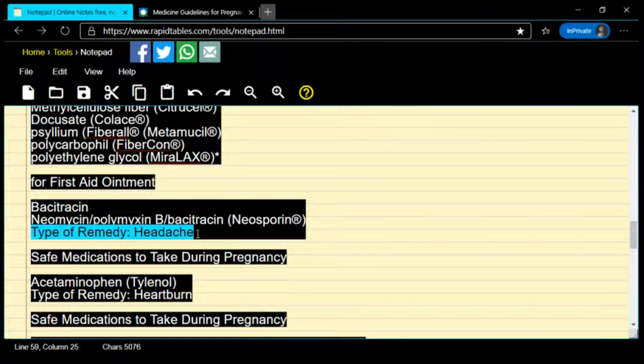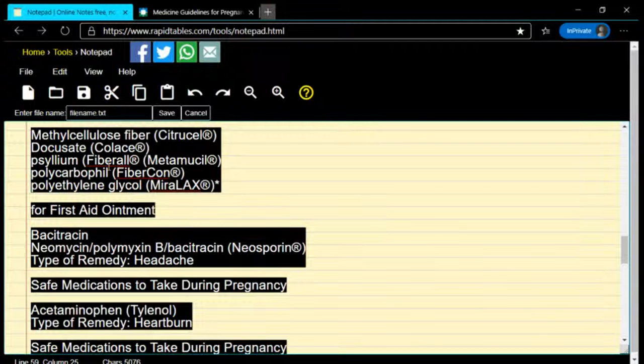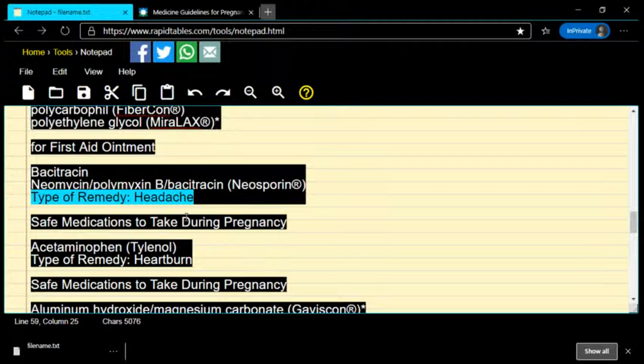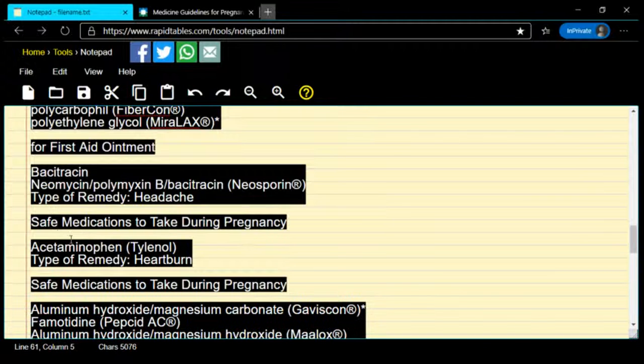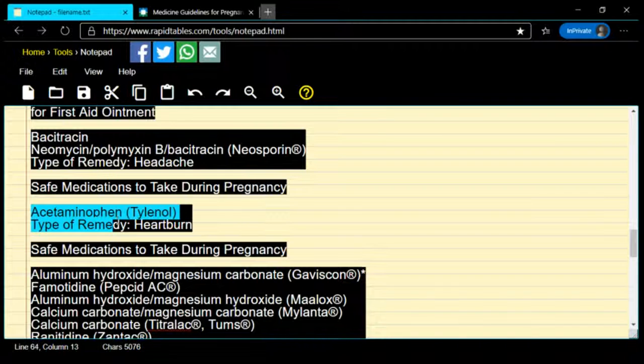Type of remedy. Let's save this first. Let's go next to the acetaminophen, Tylenol.